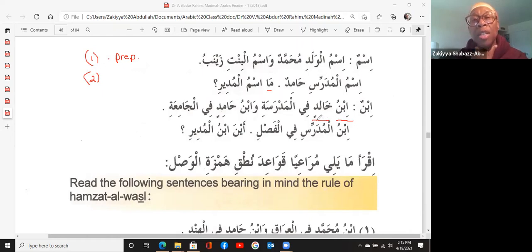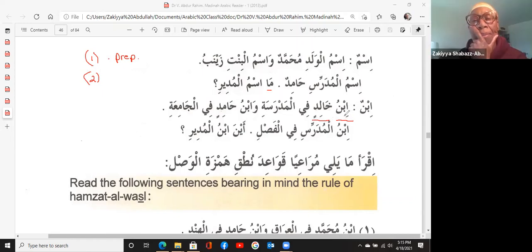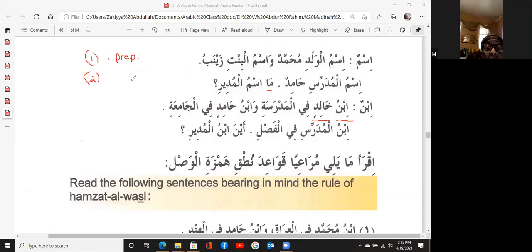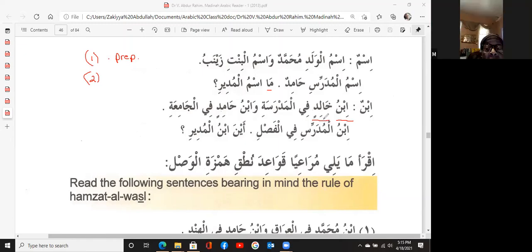So this word is in genitive case because it's the second noun in an idafa. Right. So now translate this. Because an idafa shows a possession, right? So translate those two words.